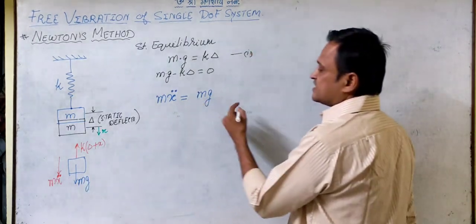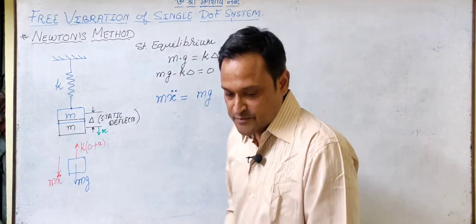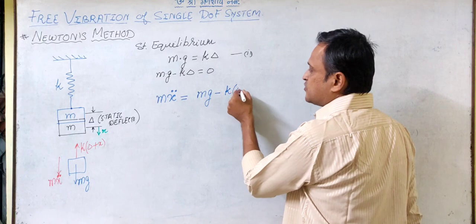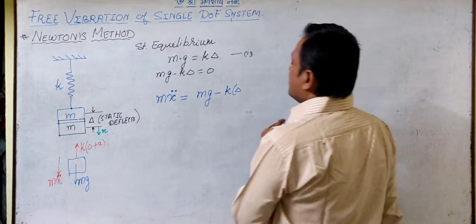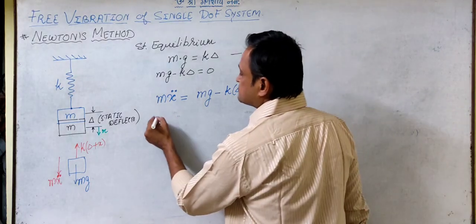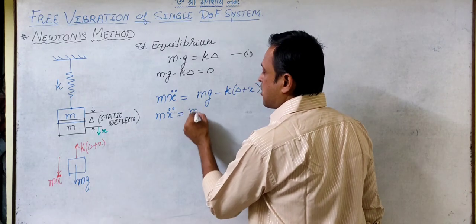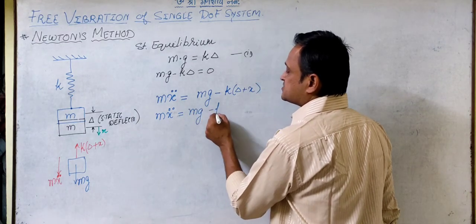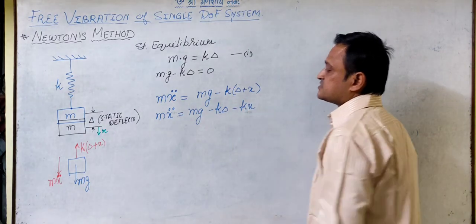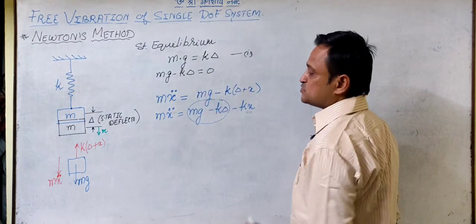So this I can say will be equal to mg minus K into delta plus x, or we can say mg minus K delta minus Kx, and from this equation we can say this is equal to 0.